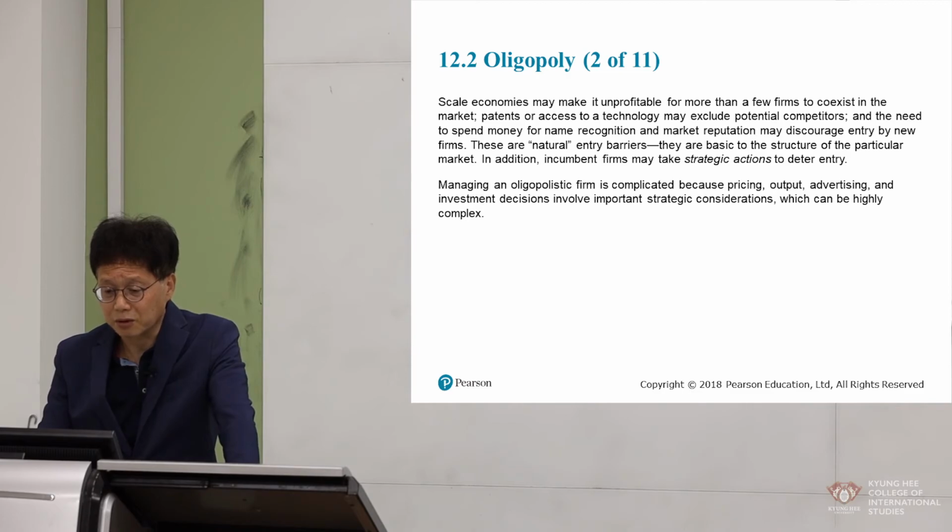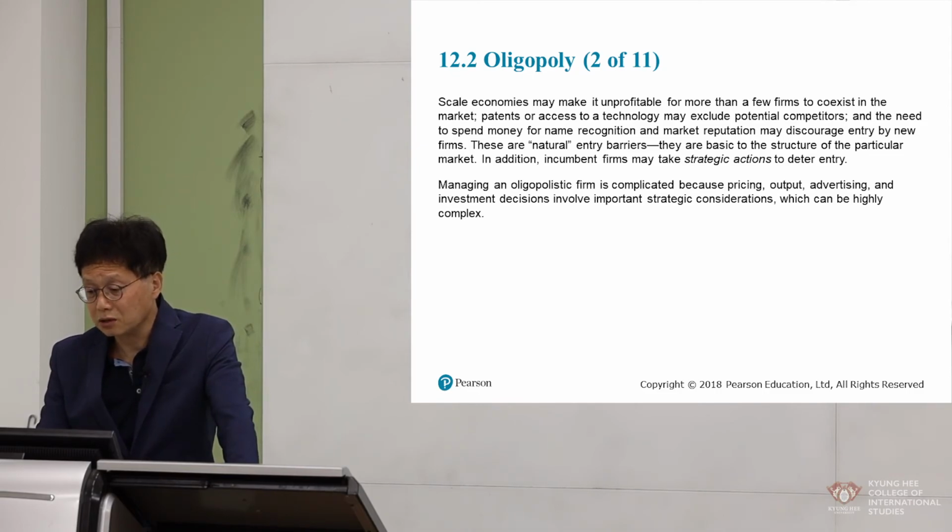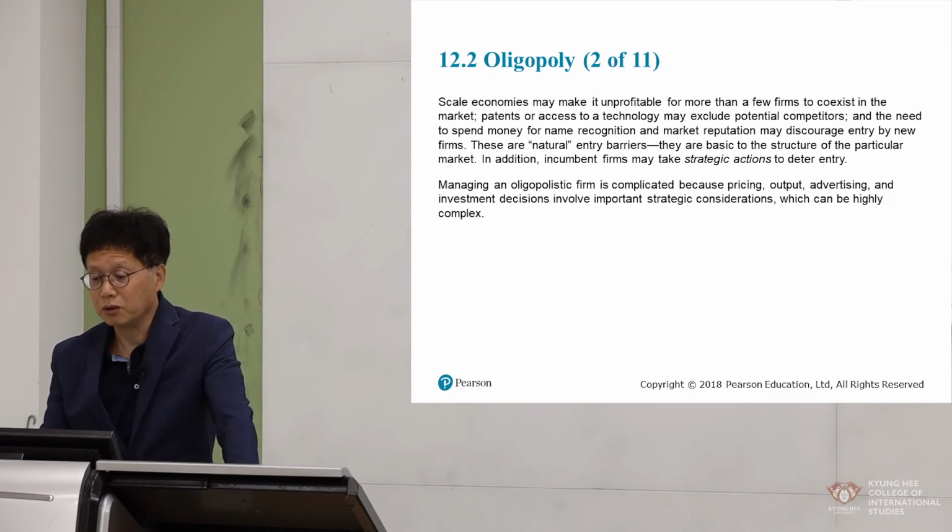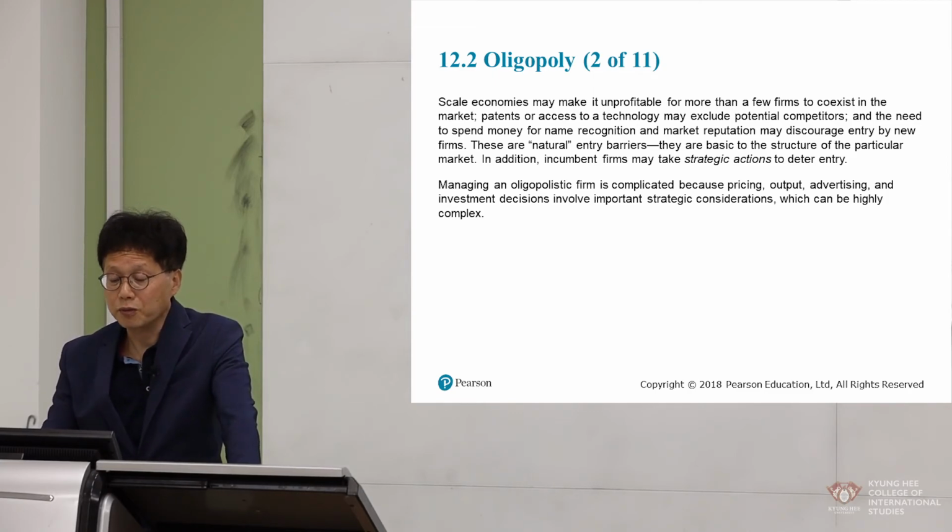Another reason for oligopoly is that patents or access to technology may exclude potential competitors. Patents, in the petrochemical industry for example, or access to technology. A developing country, for example, cannot produce some petrochemical products with frontier technology. Why? Simply, the developing countries' technology level is very low.